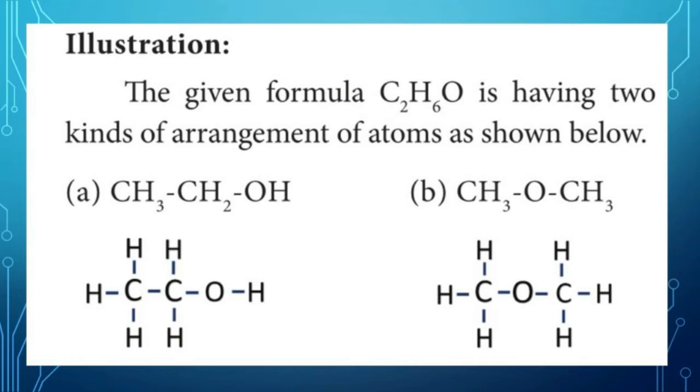In compound A, the oxygen atom is attached to a hydrogen and a carbon. It is an alcohol. Whereas in compound B, the oxygen atom is attached to two carbon atoms and it is an ether. These compounds have different physical and chemical properties. You'll study about isomerism in detail in higher classes.